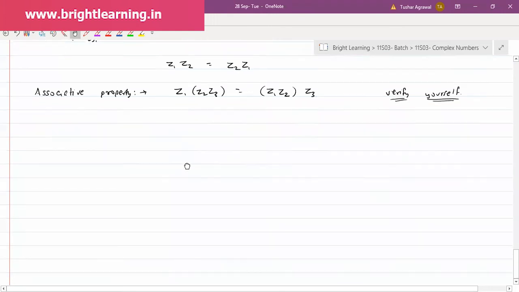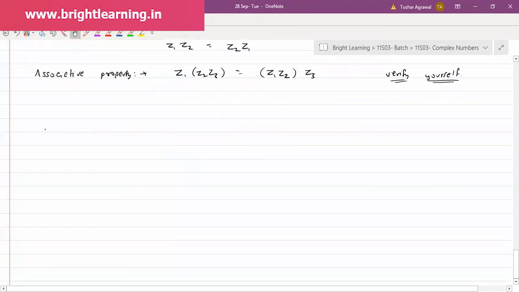Now coming to multiplicative identity and multiplicative inverse. So multiplicative identity.